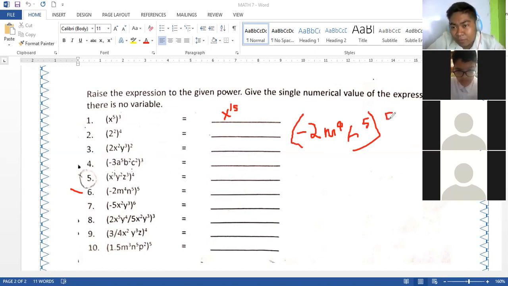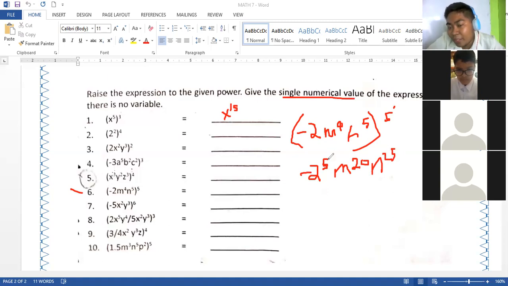So, every single number or variable tayo. Negative 2 raised to 5. And then, M. So, 4 times 5, that would be 20. Tama? Then, we also have N. 5 times 5, that would be 25. So, give the single numerical value.